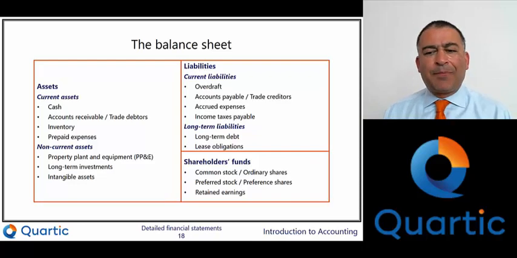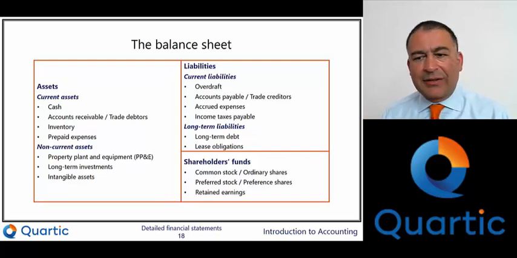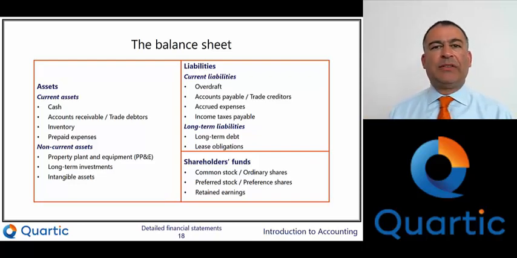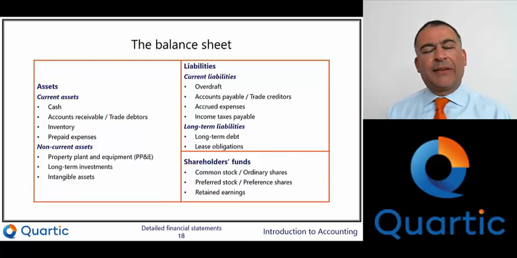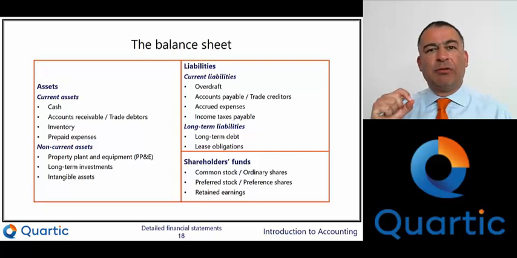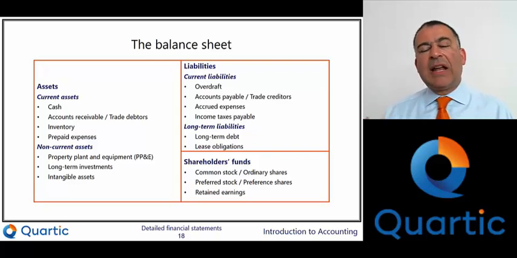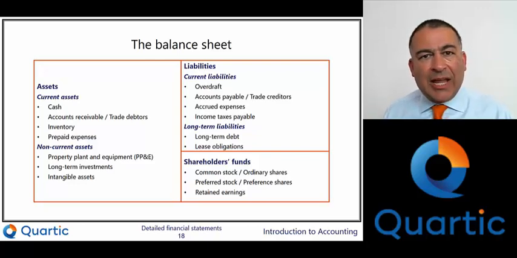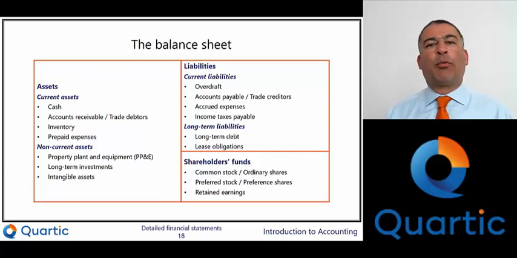So current versus non-current assets. How do we distinguish between these two groups? Current assets, for the most part, are those items that are to do with the everyday manufacturing of items that we're selling. So you've got, for the most part, cash, receivables, inventories, and other things which are turning into cash or which we're getting benefit from within an operating cycle.